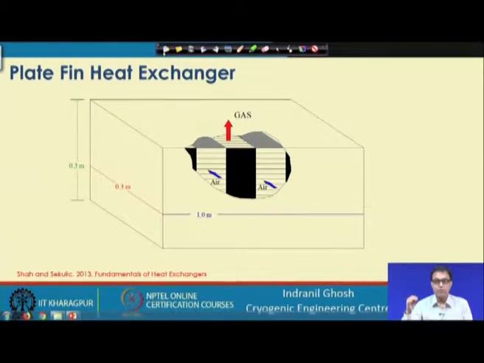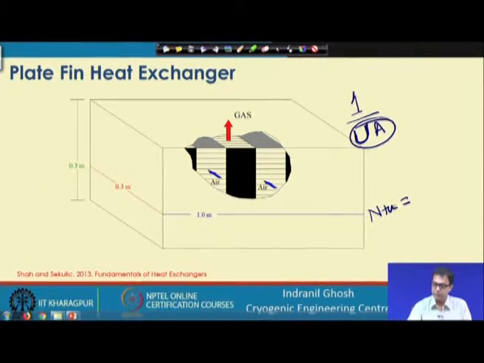What we are looking for is basically the overall UA. This UA we are trying to calculate, because if you remember, in the last class we talked about that we intend to find out the NTU, and that NTU is basically UA by C min.